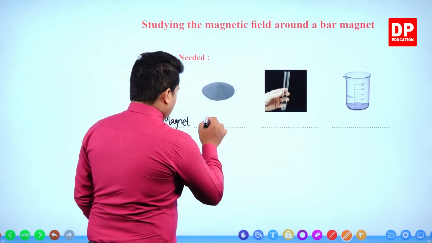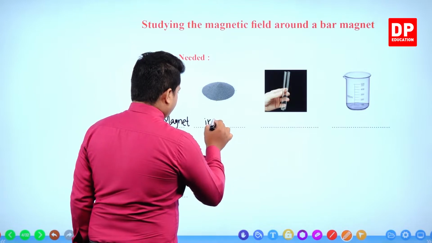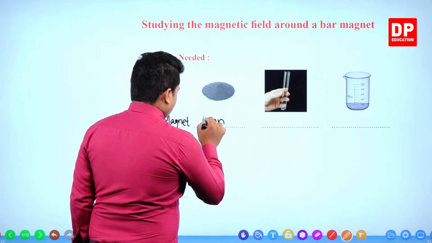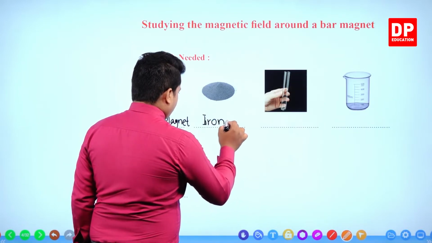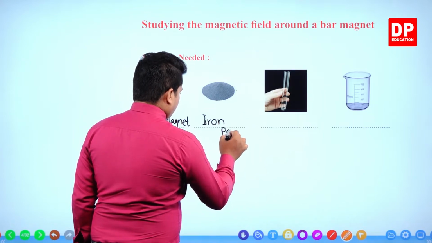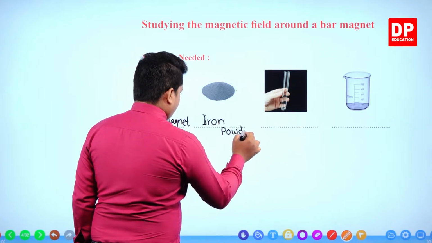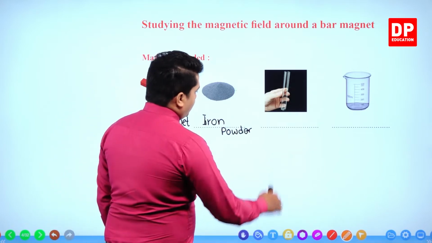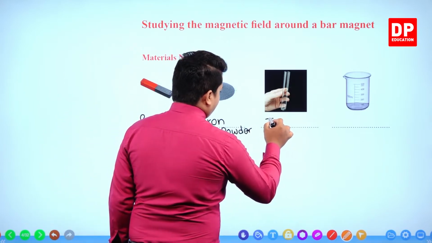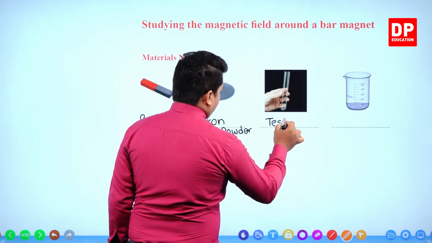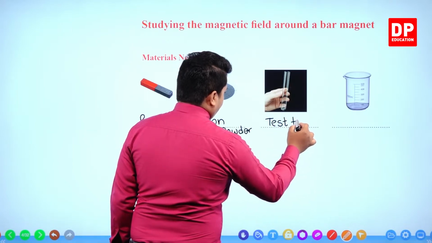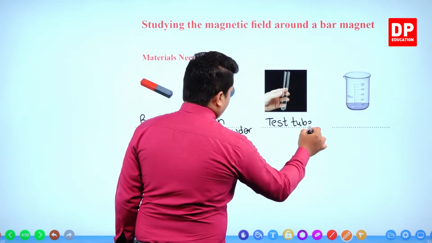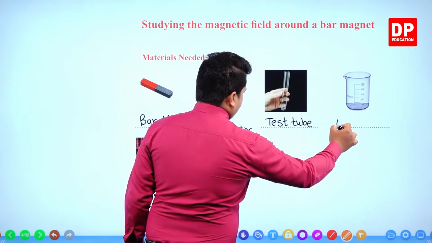Then we'll be needing iron powder once again, a test tube, a beaker.